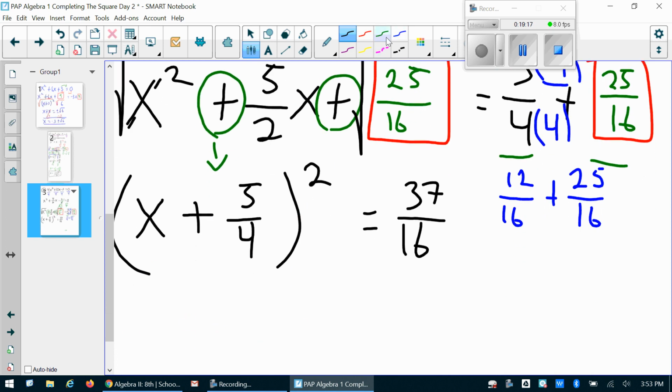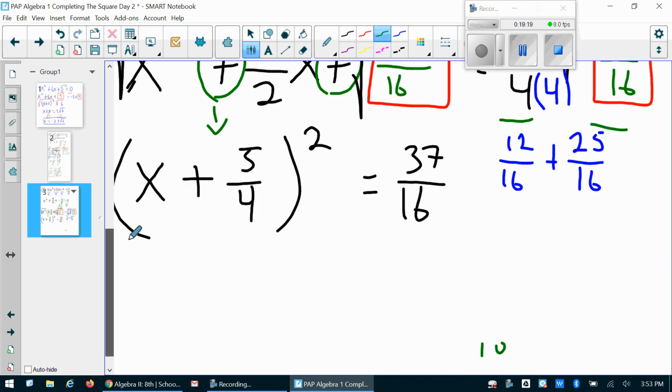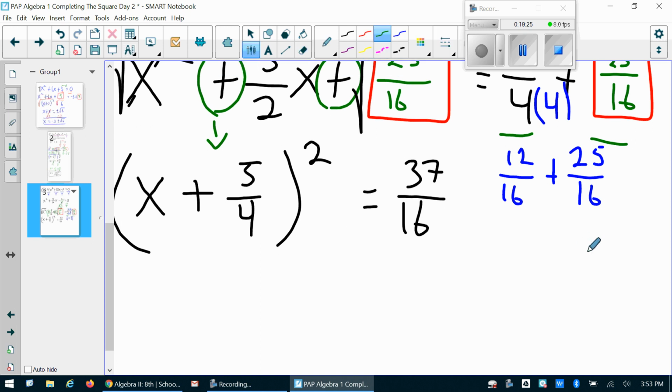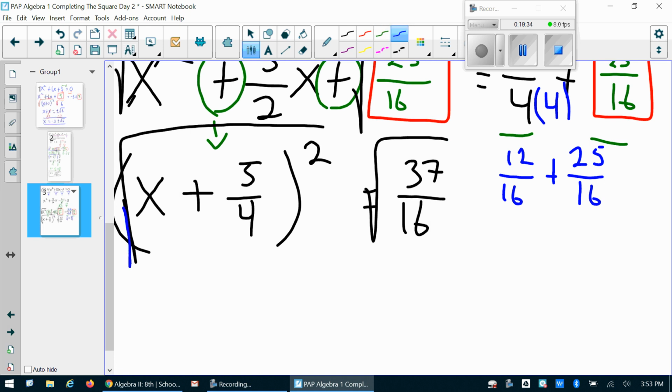Okay, now we square root both sides. Oh, I apologize. I meant to change color. There we go. Okay.